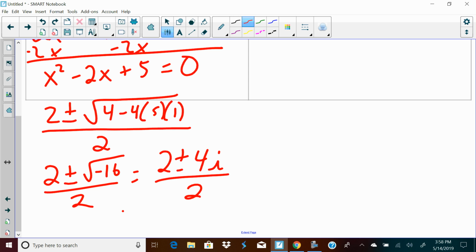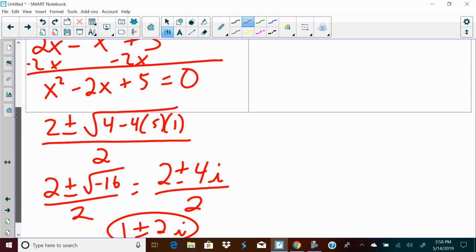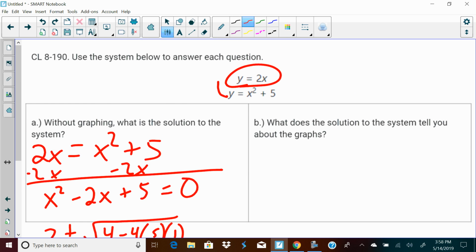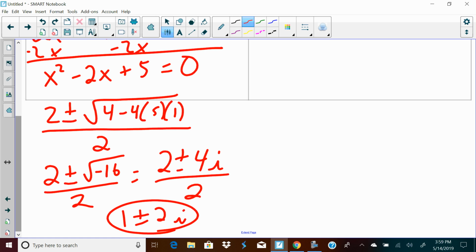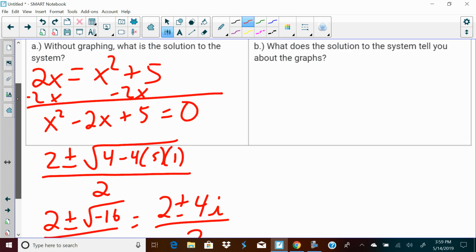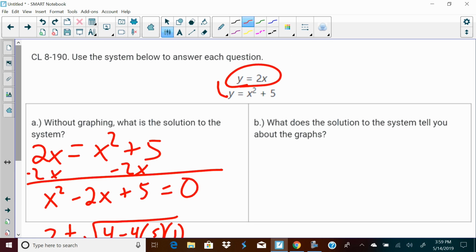So it ended up being 1 plus or minus 2i. So that was what I got when I solved it. That's just x. And then I could plug back in to find y. So I could multiply it by 2 and get 2 plus or minus 4i. What does the solution system tell you about the graphs? So it tells me that they never cross, because the solutions are complex.